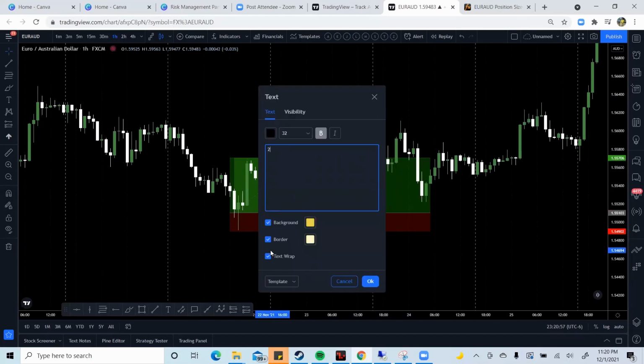So we got 2% risk on 30 pips. That is equaling to that same $100, right? So you got $100.